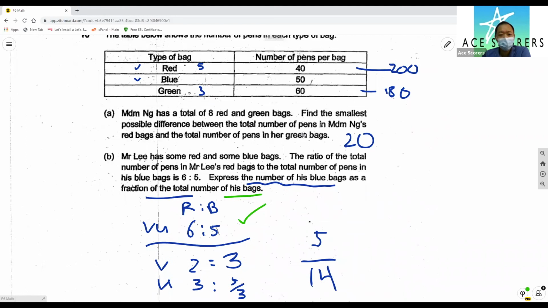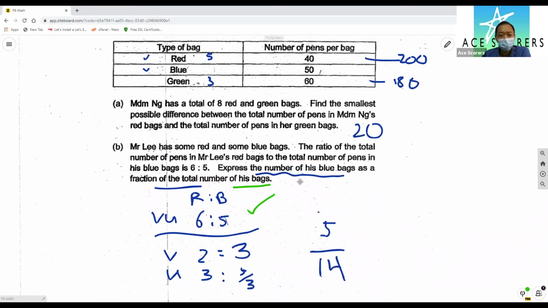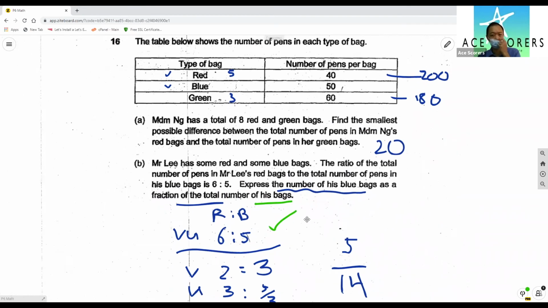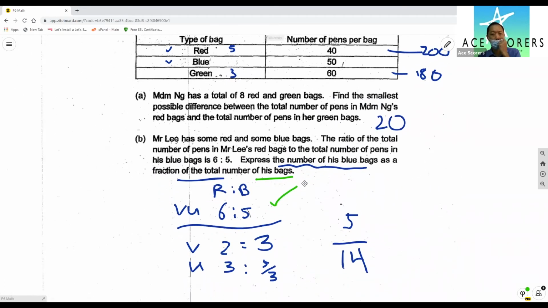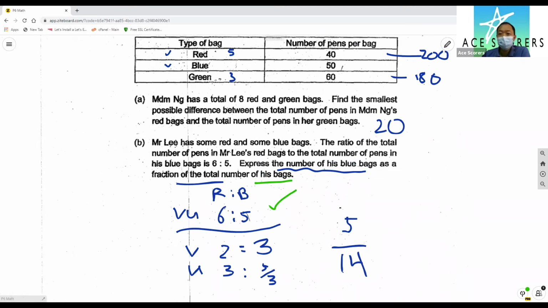No. Okay, wait. Did I get the 40 and 50? Oh, you know what the error is? I chose the wrong color.